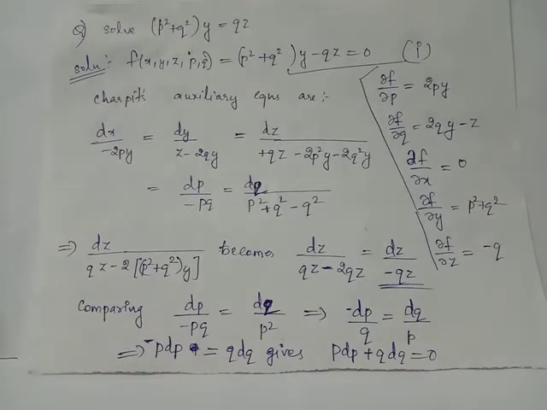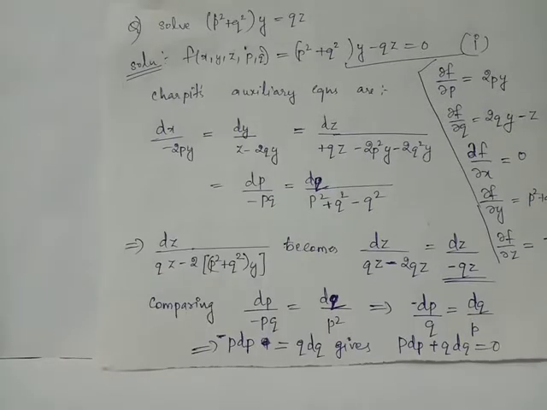When we compare dp upon minus pq and dq upon p square, we have p getting cancelled from both denominators and we get the simplified form minus dp upon q equals dq upon p. When we separate the variables, we have minus p dp equals q dq. After integration, we get minus p square by 2 equals q square by 2 plus constant of integration.